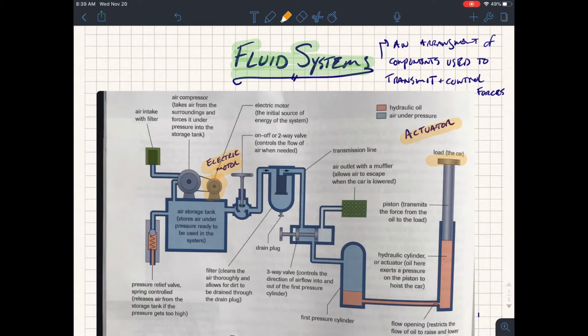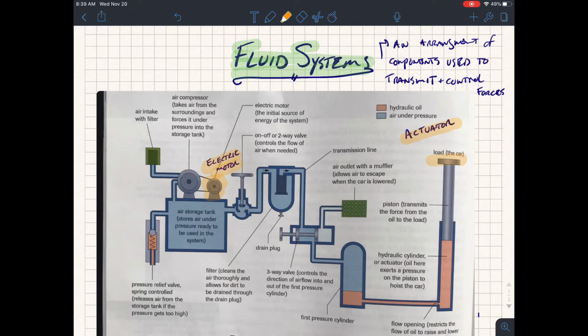You've seen previously how pressure is distributed in the liquid to all parts of the liquid and all parts of the walls of the container of the liquid, and that is Pascal's principle. Our objective today is to understand how that pressure is controlled and used, in particular for this example.